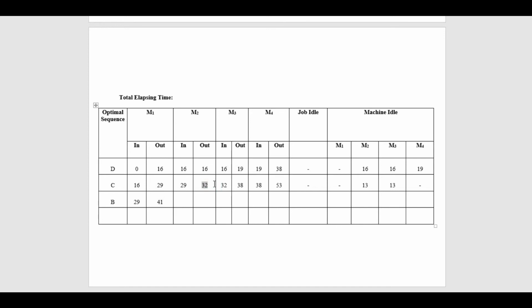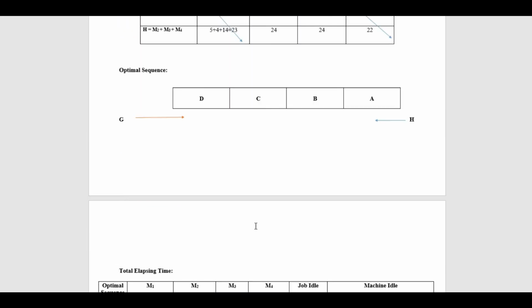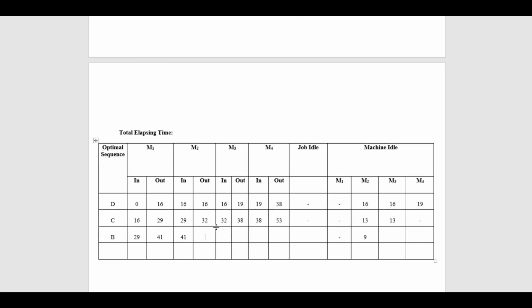So machine 2 is available at the 32nd minute, but it may receive the job at the 41st minute only. So until then the machine will be in idle condition. So the machine idle time will be 41 minus 32, this becomes 9. Okay, so the processing time of B in machine 2 will be just 2 minutes. So 41 plus 2 will be 43.